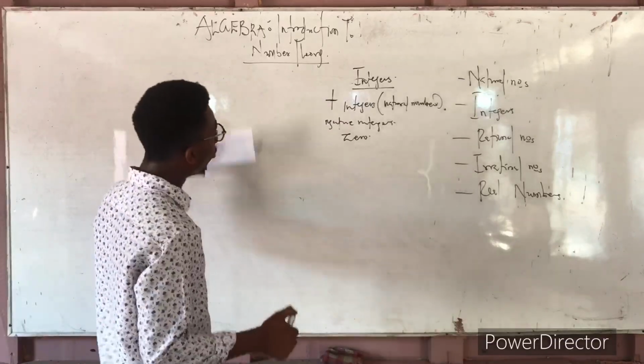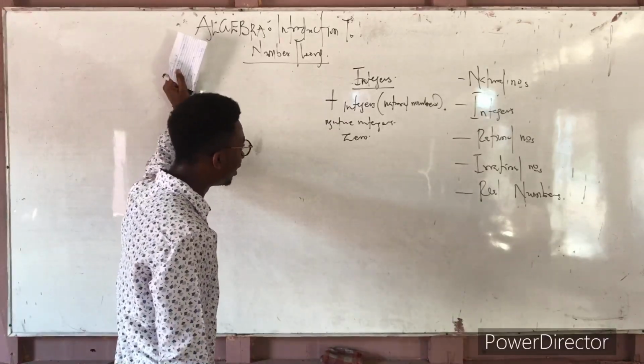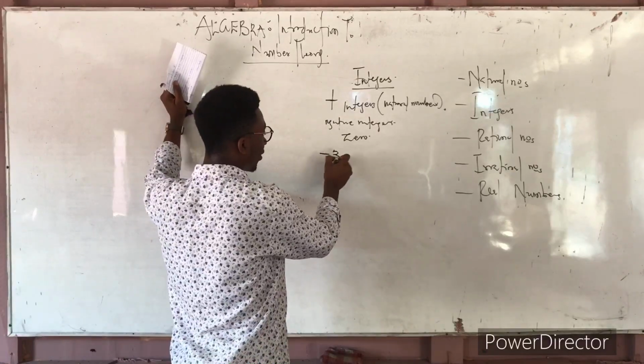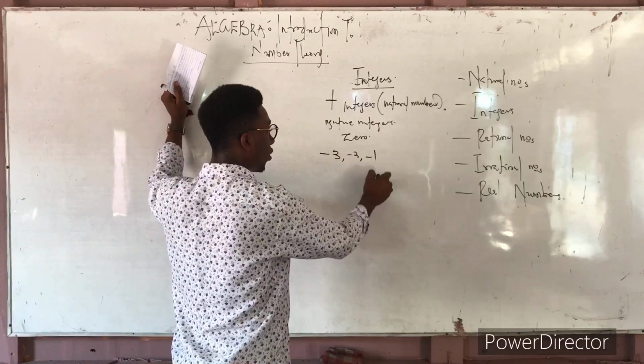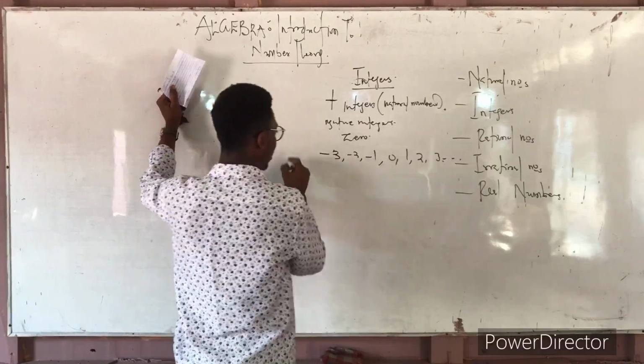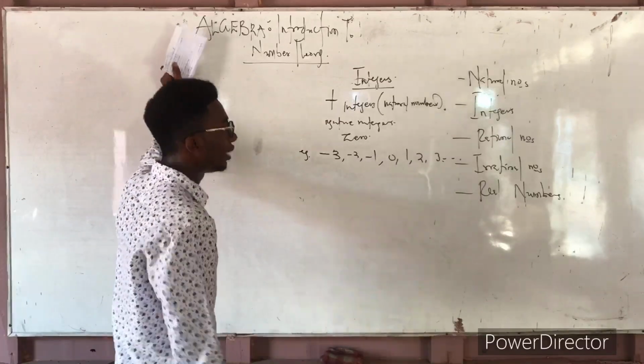So these are all what we call the set of integers. We can have -3, -2, -1, you have 0, you have 1, 2, 3, onwards. These are all examples of integers.